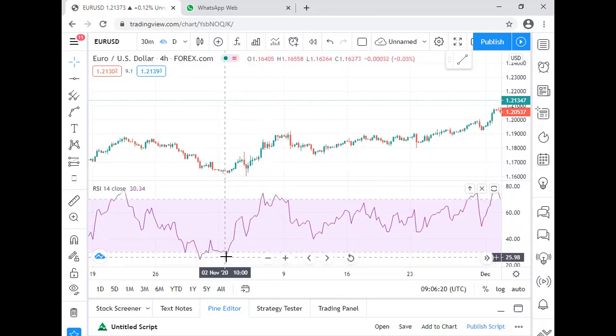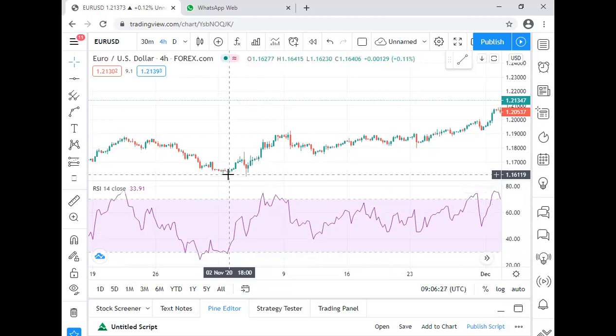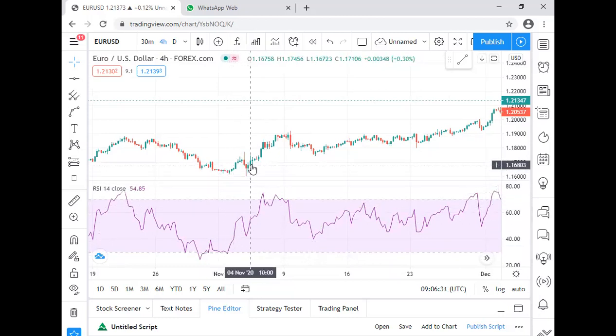So in this case now we have an oversold region here. So this is the point here, and this is where price is at currently. You see that price moved up.